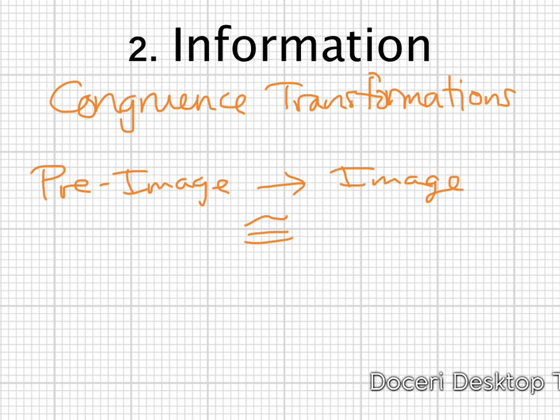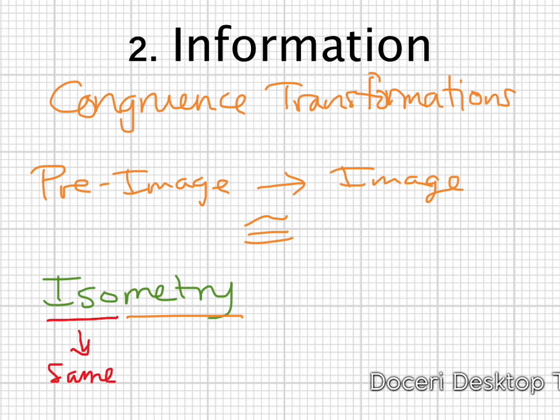Another name for these is isometry. And isometry, what that basically means, it has two parts to it: iso and metry. Iso means the same, and metry means measure. So when we look at the pre-image to the image, we're doing isometry because we end up with the same measure. If you think about iso, you can think about it in terms of science.